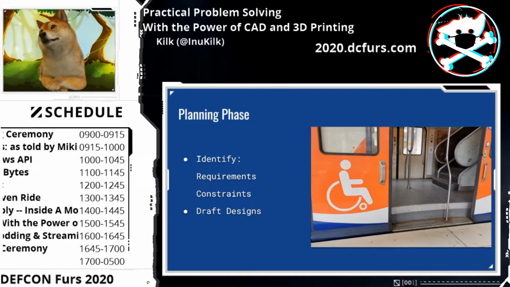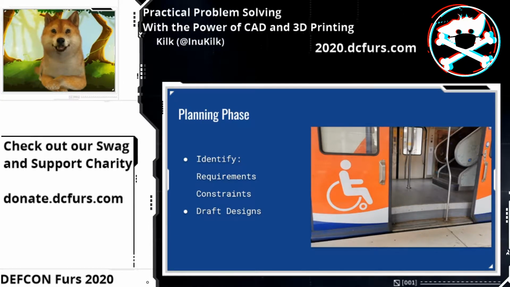Another constraint to take into account is the tools that are available. Because normally, you wouldn't be able to purchase a $74,000 milling machine on Amazon and return it in 30 days. Instead, you'll have access to a 3D printer, which in more recent years has become more affordable to the common consumer. During the planning phase, I like to draft many designs using pencils and paper.